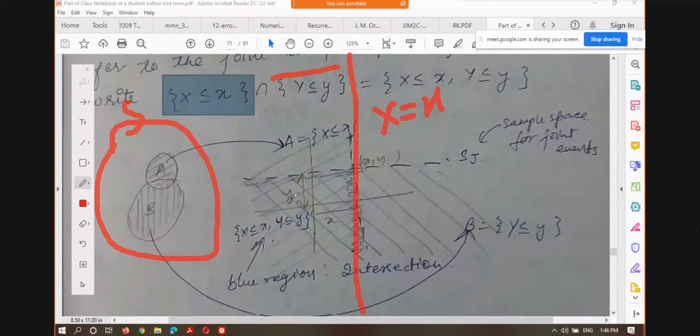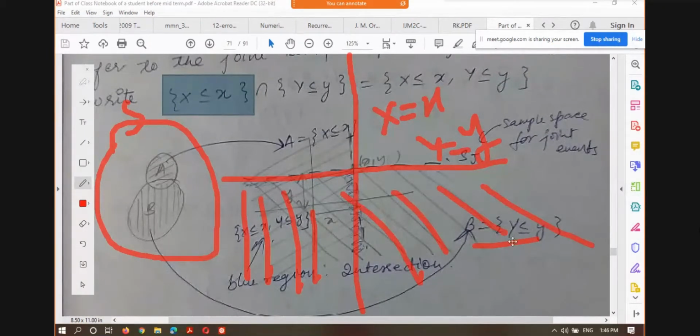Similarly, if this is the line Y equal to y, then all the points below it represent this event B. So this is for B, Y ≤ y, and this is for X ≤ x.